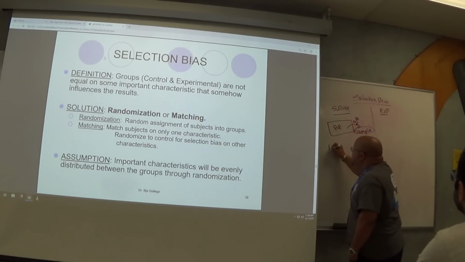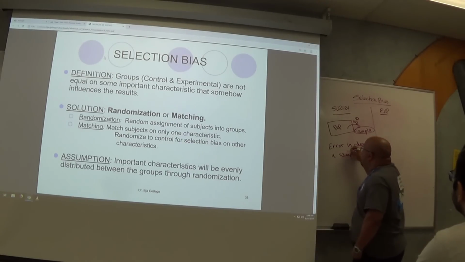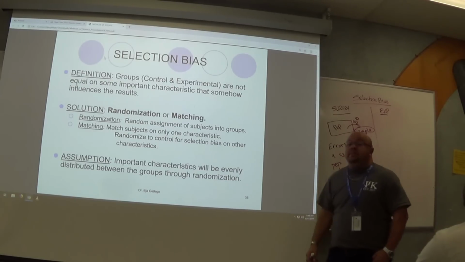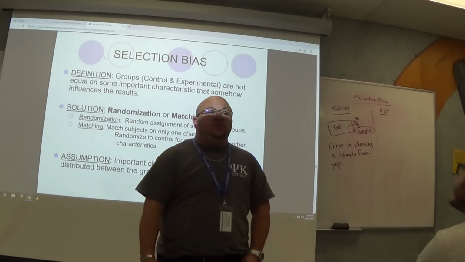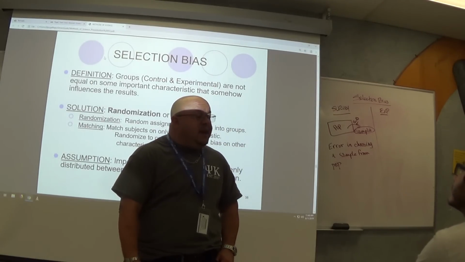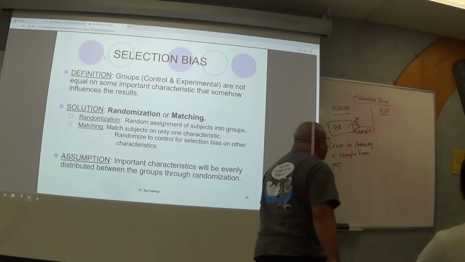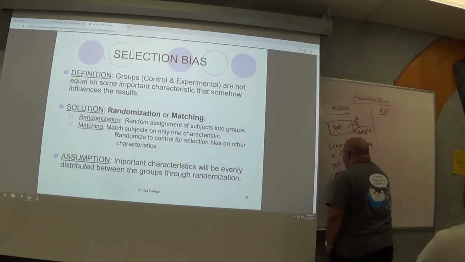So I make some sort of error in choosing a sample from the population. For example, I ask only people who read one magazine, or only people who go to this website, or something like that. So the solution, and by the way, the problem, let me say that first.